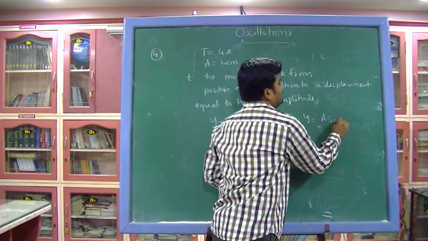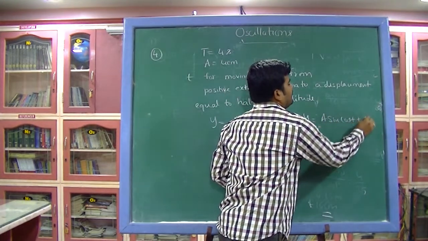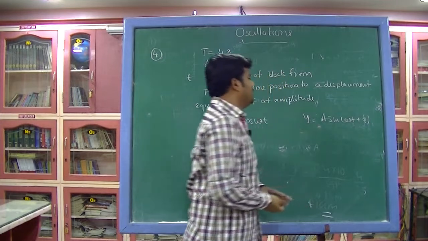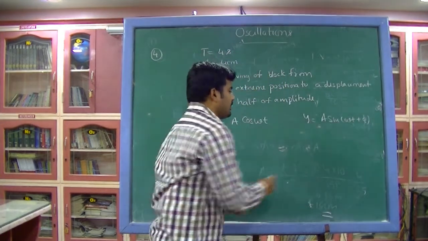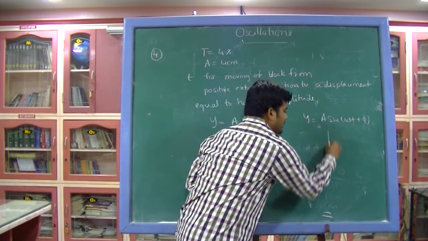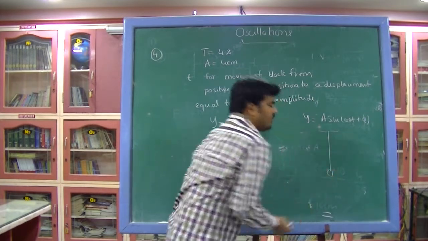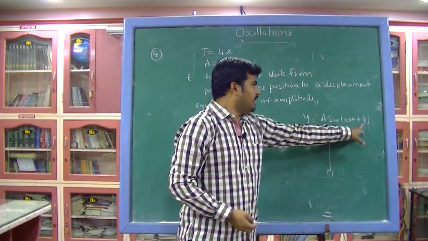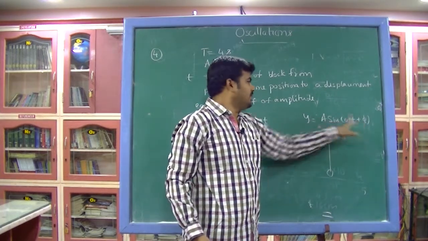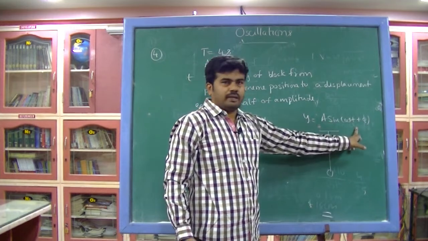So, y is equal to A sin of omega t plus phi, because the initial phase is 0 when I consider the particle is starting from mean position. For example, if I take a simple pendulum, and assume the particle started oscillating from mean position, I can take initial phase 0. So then the equation becomes A sin omega t.